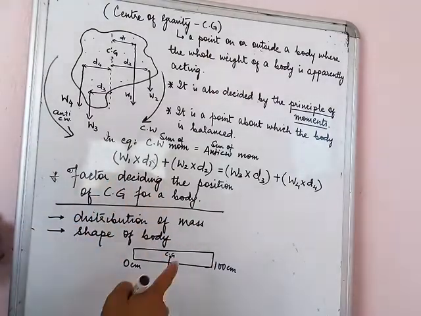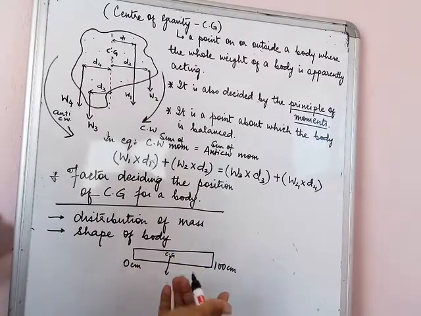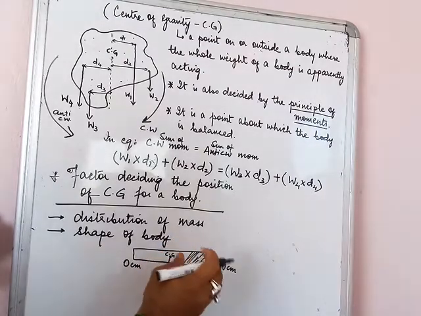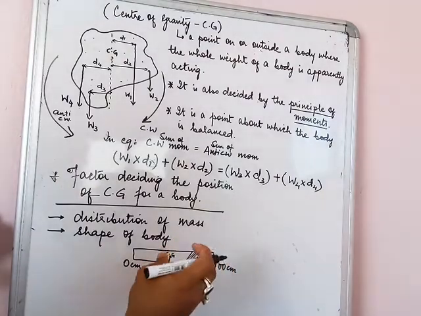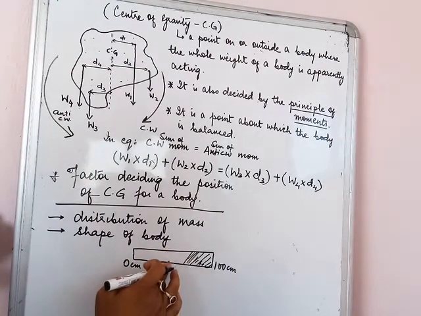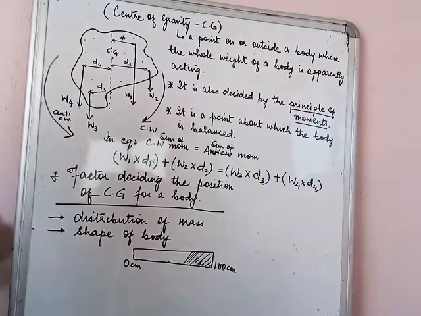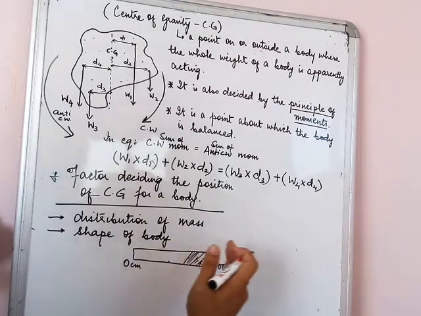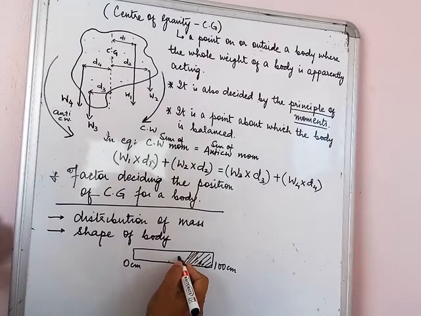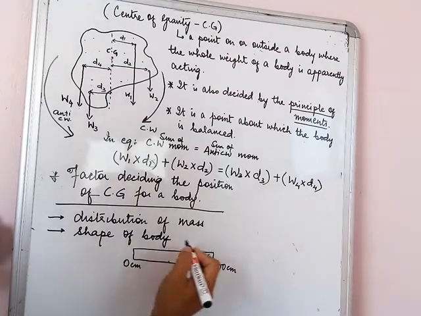But suppose the distribution of mass is not uniform. On the right side of the ruler there is more wood, the wooden material is more thick or more densely put into the ruler. In that case the center of gravity is not going to be exactly at the center, because there is more mass on the right side, so the center of gravity will also shift a little to the right.